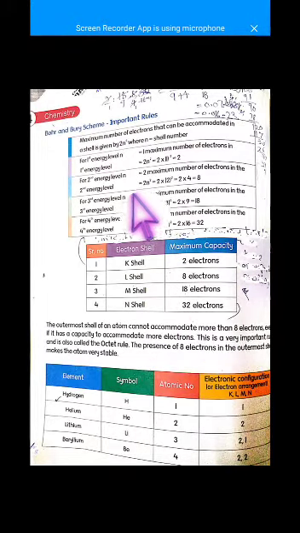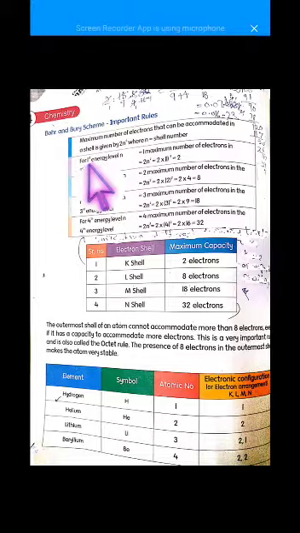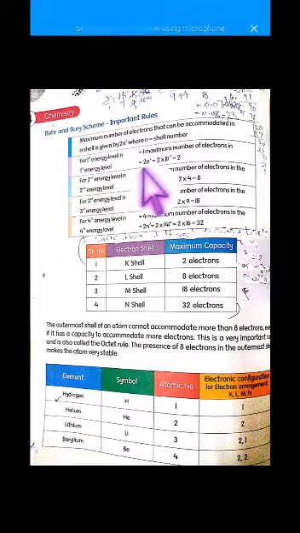If we talk about the Bohr and Bury scheme, you only need to know the energy levels. Energy levels are also known as the paths in which the electrons revolve. The first energy level is 1, and the formula we use is 2n squared. We put the value of n.